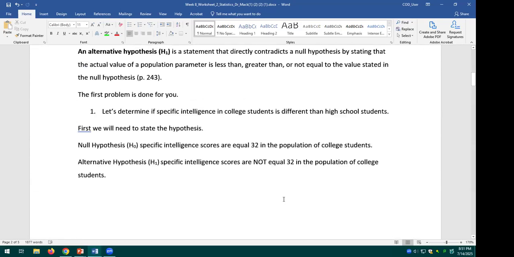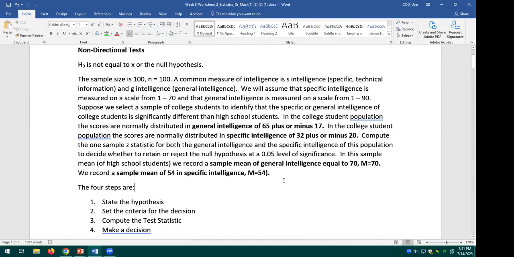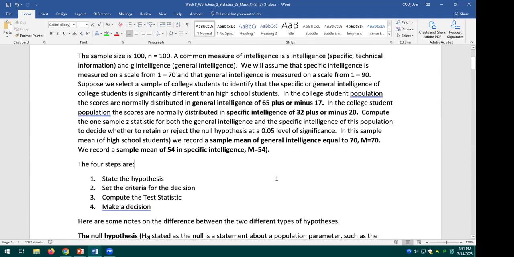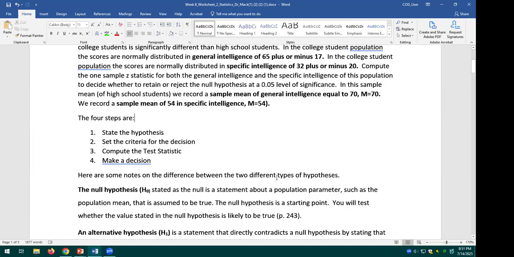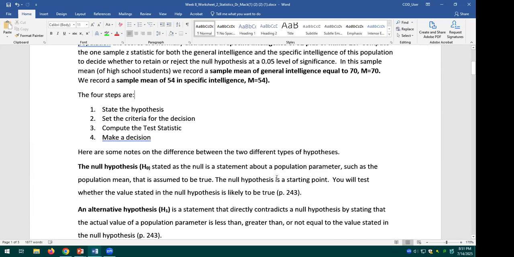So then we do the z obtained. So then we want to look up. It would be the same 1.96 because it's a non-directional test. I looked it up before, the 0.05 divided by 2. So we're saying 0.05 because that's here and here, but it's half. So it's 0.0250.